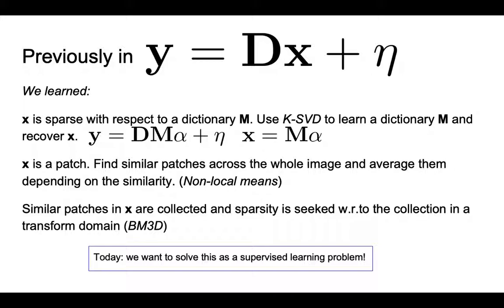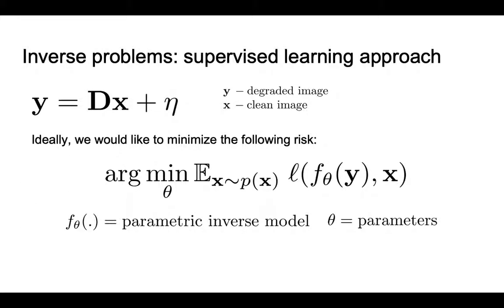We have Y, in a supervised learning scenario. So it is the following: we have Y equal to Dx plus n, and we want to basically find a parametric inverse model, that is some function which is parameterized by theta, which translates my Y to X, right? And I want to solve this problem by learning over a lot of examples.